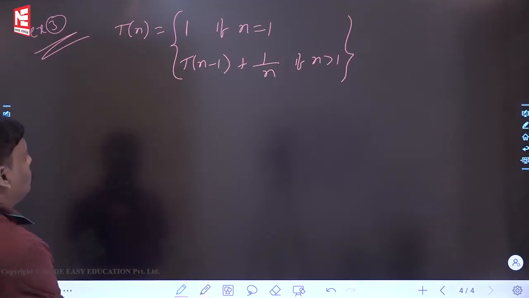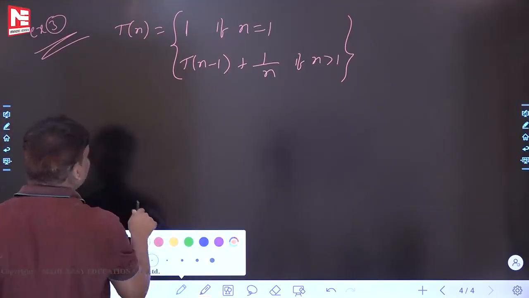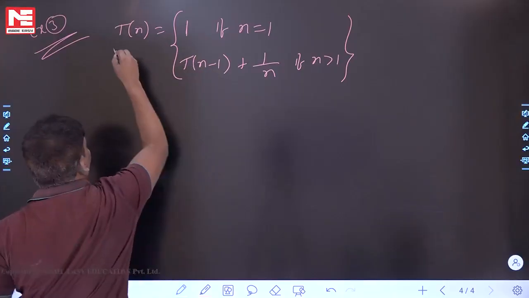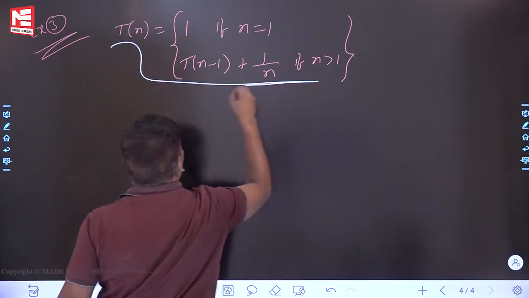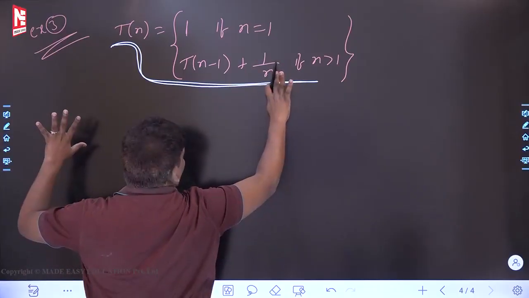Otherwise, Tn is equal to Tn minus 1 plus 1 by n if n is greater than 1. This is one more recurrence relation we have to solve. Please be careful: of the if part and the else part, which is important? The else part only: Tn is equal to Tn minus 1 plus 1 by n. This is more important to us.